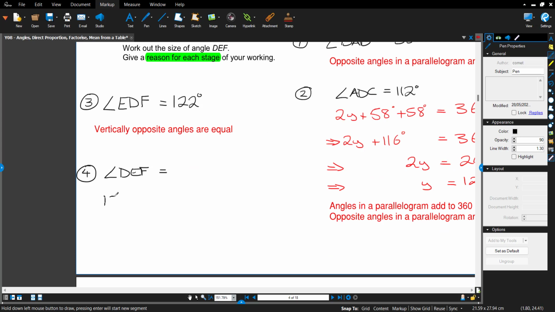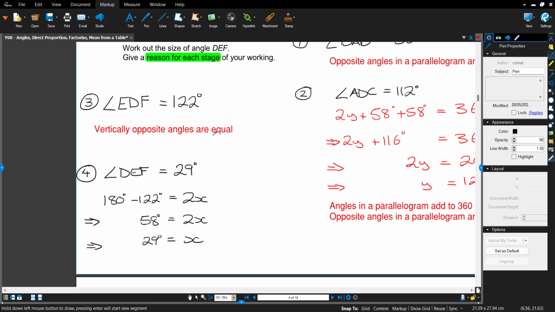So 180 degrees minus 122 degrees equals 2x. So that implies 58 degrees equals 2x. Divide by 2, that implies 29 degrees equals x. All right, so x is 29, so we can say DEF is 29 degrees.